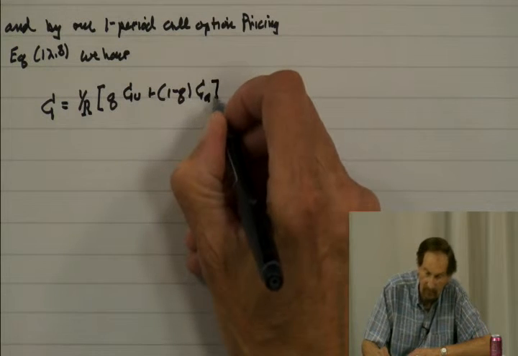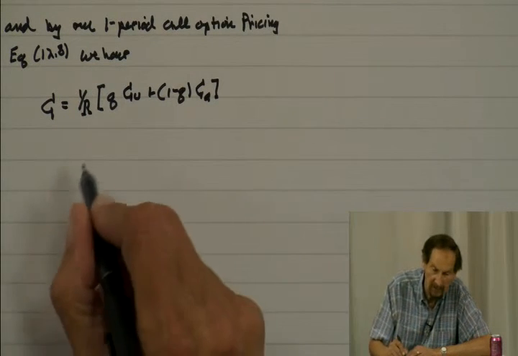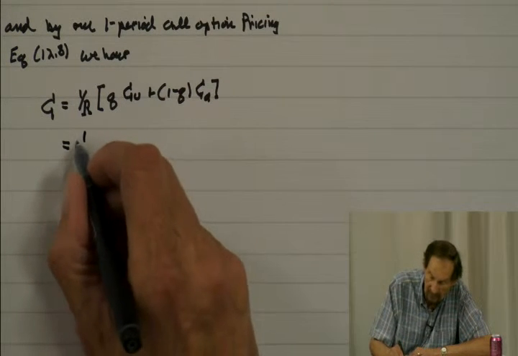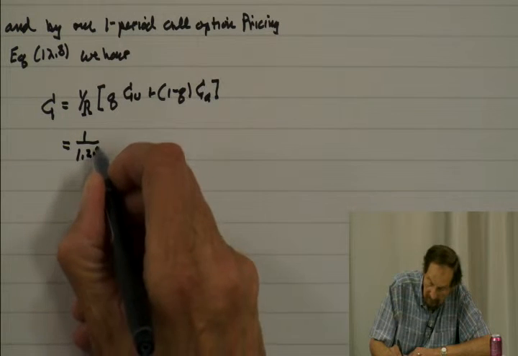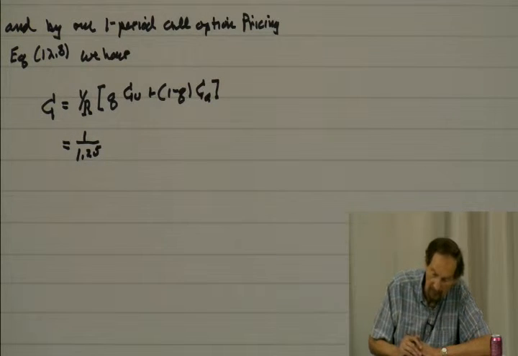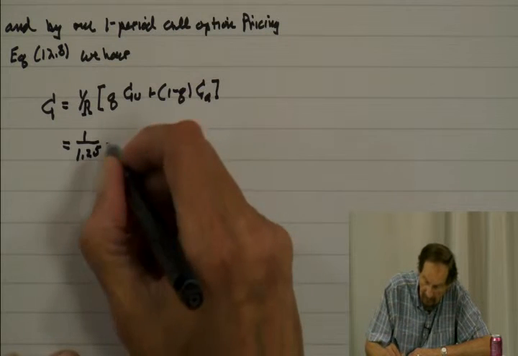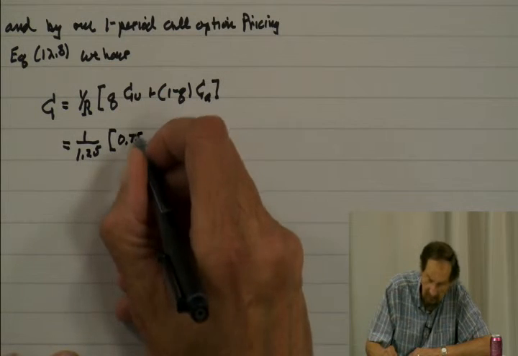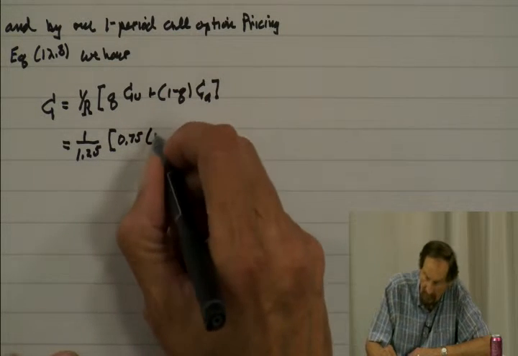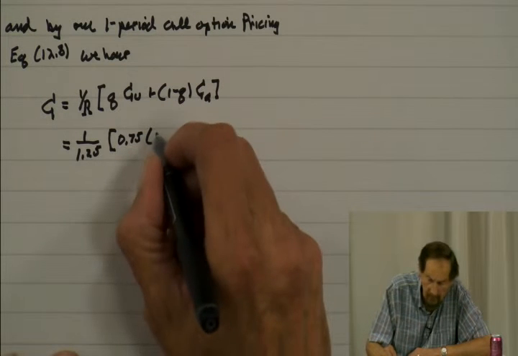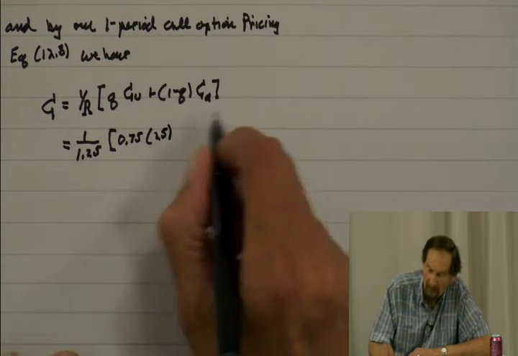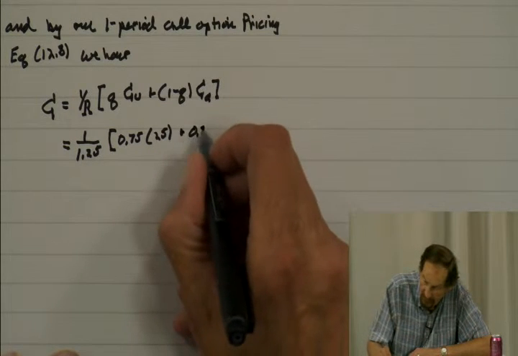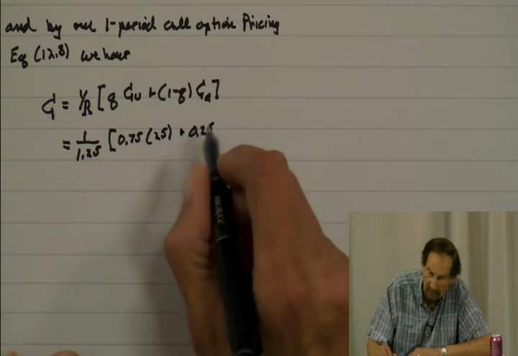This is our equation. Now, if we plug our numbers into here, what do we get? We get that this equals 1 over 1.25. Remember, capital R equals 1 plus little r, times 0.75 times 25, that was CU, plus 0.25, 1 minus Q, times 0.